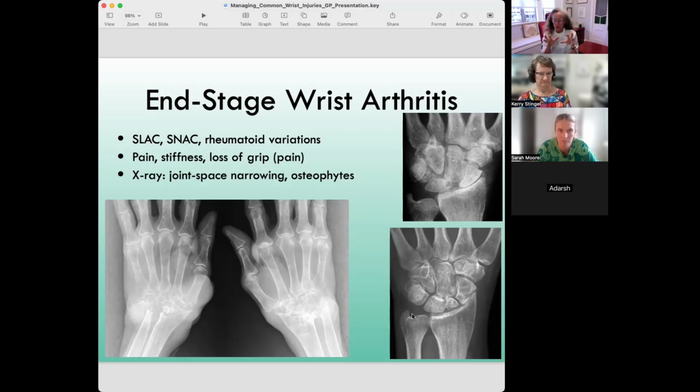These joints are so badly destroyed that they fuse themselves. And I have seen young people in an acute setting get an autofusion, so a fusion of their bones spontaneously. And so yes, osteoarthritis, joint space narrowing, osteophytes, subchondral sclerosis, subchondral cysts, same as everywhere else in the body.